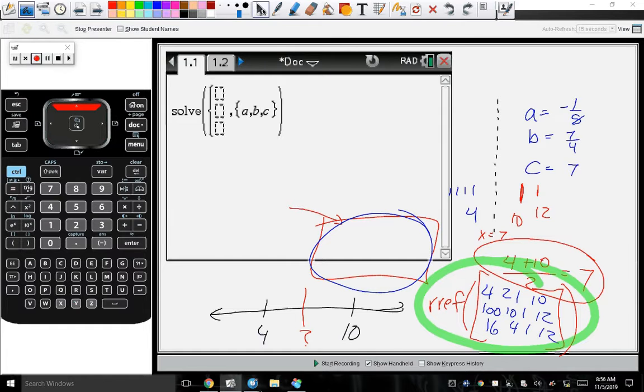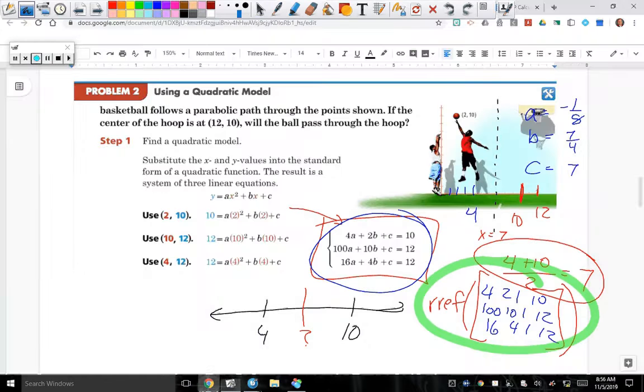Then I'm going to go over here, and this equation that I had from before, 4A plus 2B plus C is equal to 10, 100A plus 10B plus C is equal to 12, and 16A plus 4B plus C is equal to 12.